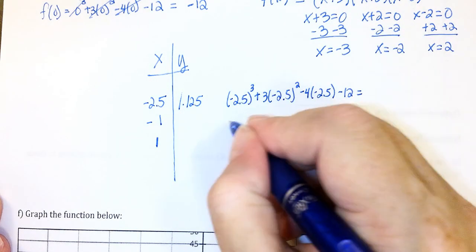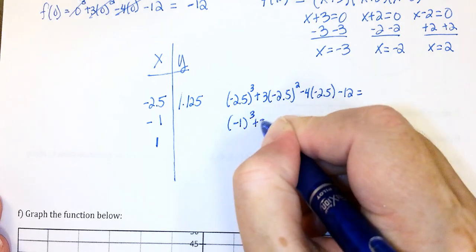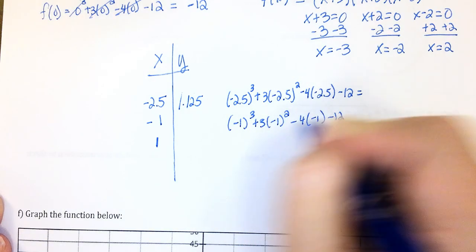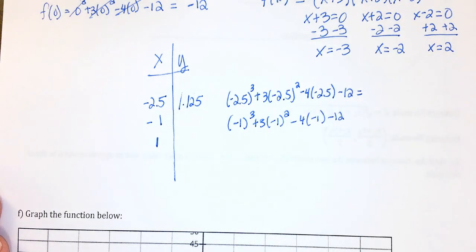Let's try negative 1. Negative 1 cubed plus 3 times negative 1 squared minus 4 times negative 1 minus 12. So I'm just plugging it into the function. Let's see what we get. The ones are pretty easy. You could probably do this in your head. Okay, I got negative 6.